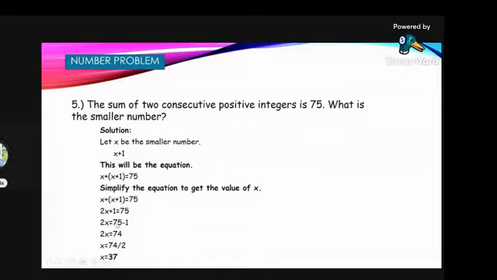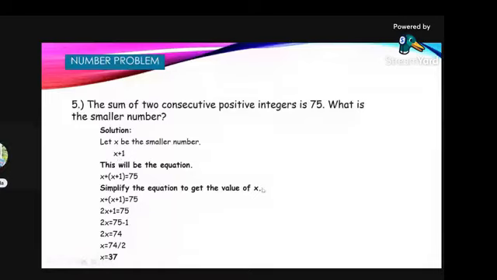So you got the correct answer. So x is 37. If we will be asked of the numbers, so magiging x plus 1 pa para sa second number natin. So that is 38. So numbers are 37 and 38. But the problem is asking of only the smaller number. So the correct answer is 37.